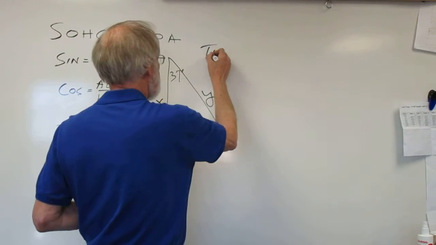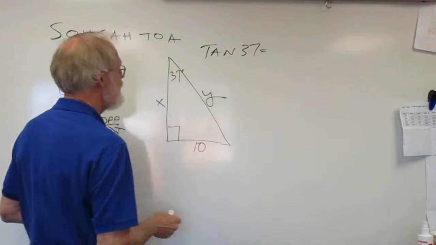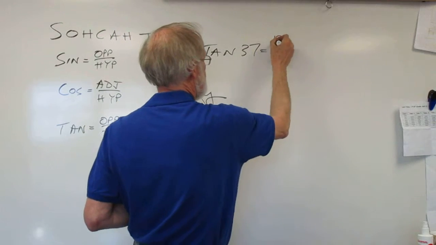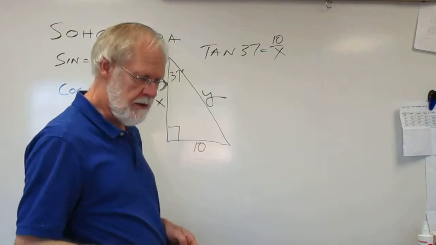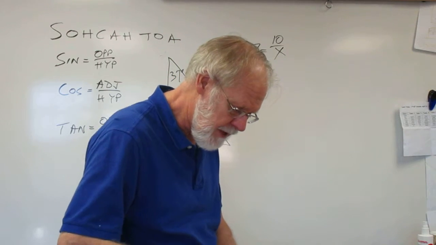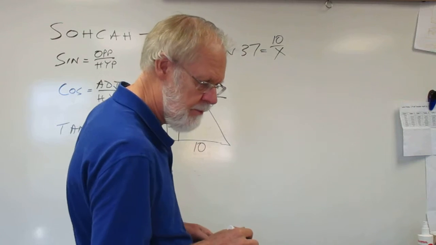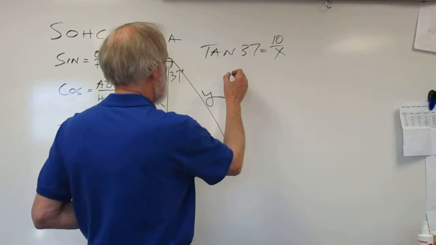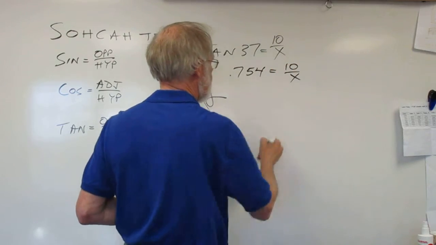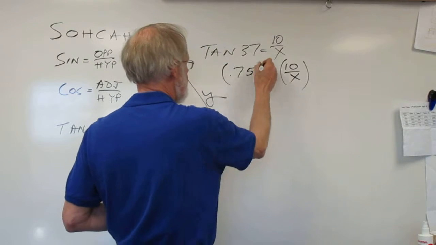So we'll start with the tangent this time. The tangent of 37 is equal to 10 over x. Now, I'm going to look up the tangent of 37, and I'll show you the shortcut in a minute. Tangent of 37 is approximately 0.754. So 0.754 equals 10 over x. I'm going to multiply both sides by x to get rid of the denominator.